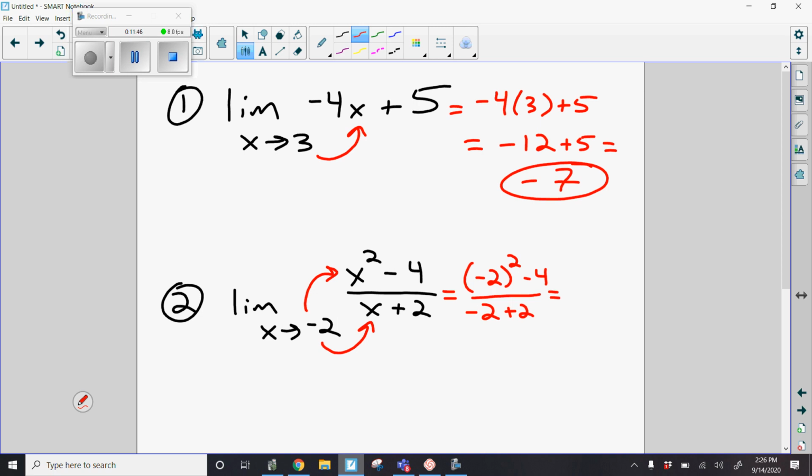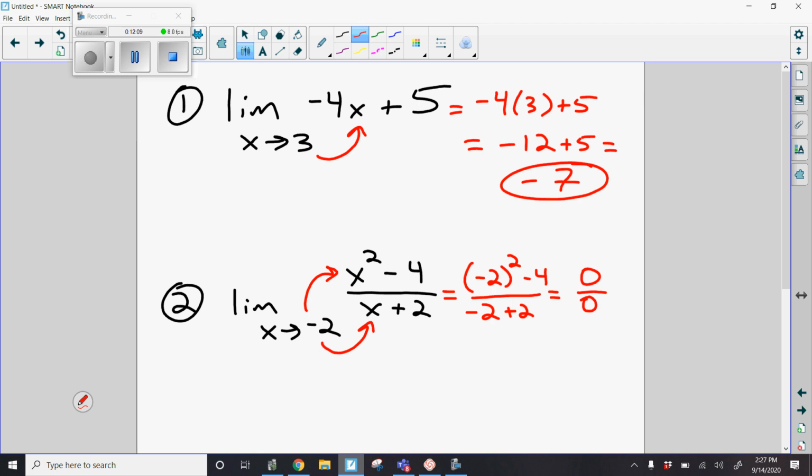That gives us, a negative squared is positive, so we get 4 minus 4, which is 0, over -2 plus 2, which is 0. So plugging in gives us 0 over 0. Well, 0 over 0 is undefined.